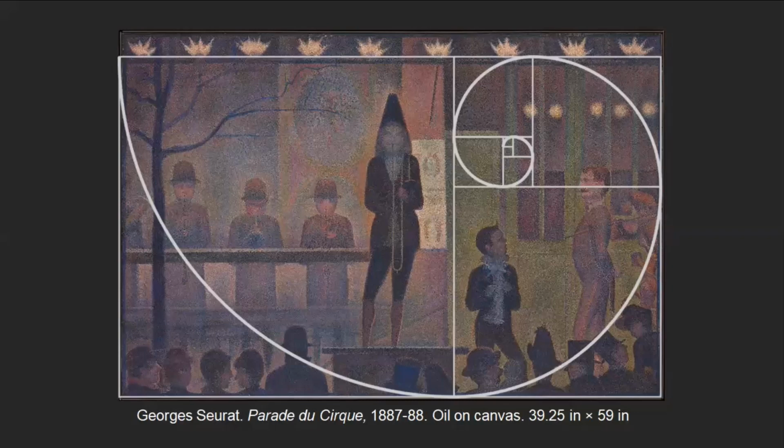This is an important distinction to recognize because these proportional rules that we're talking about and the way that the picture is broken down into smaller and smaller parts isn't something that the artist necessarily sets out to use in any specific way.